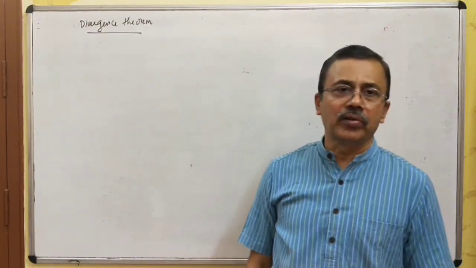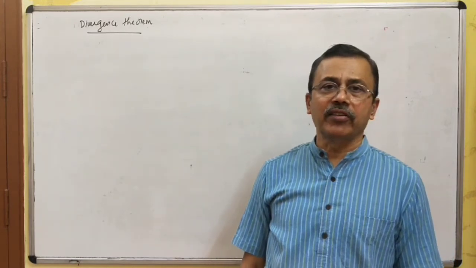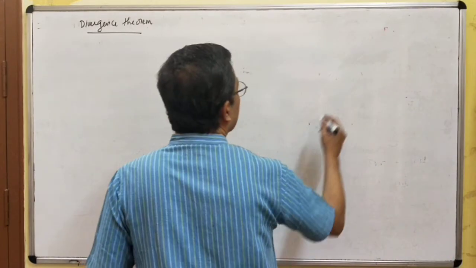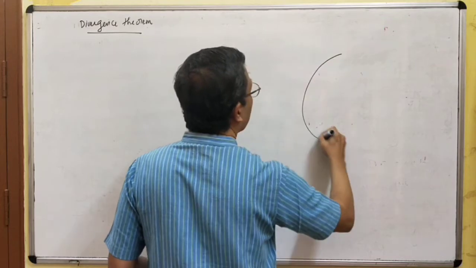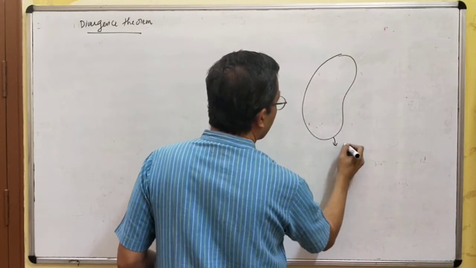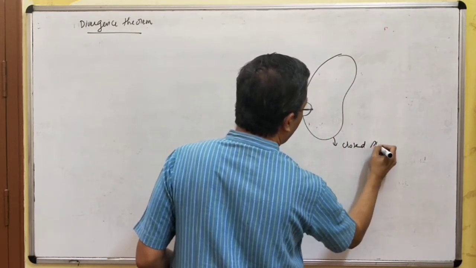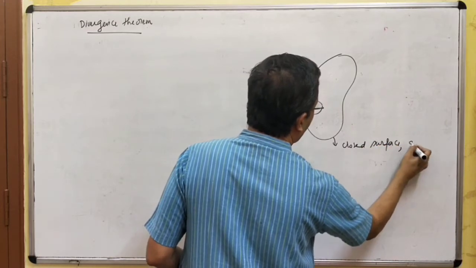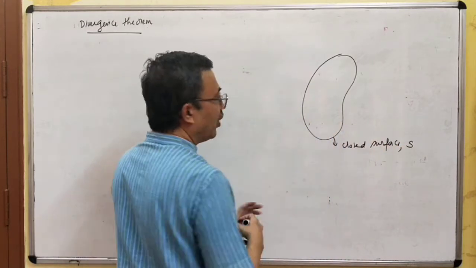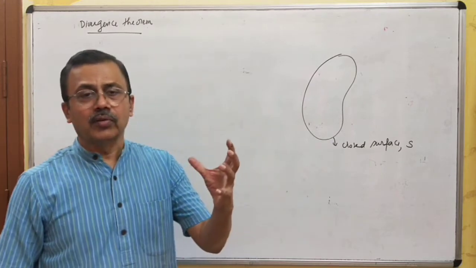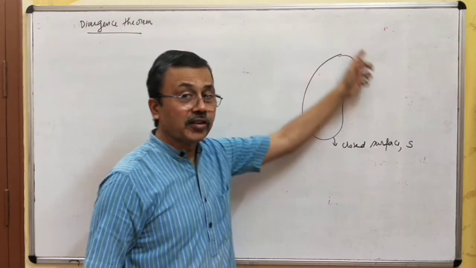Next we shall go to a very important theorem called divergence theorem. Let us consider a closed surface S. This is a closed surface S. Charges are distributed. See, we have actually a volume V bounded by this closed surface.